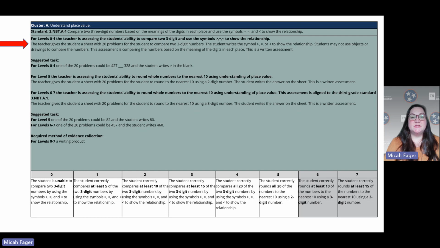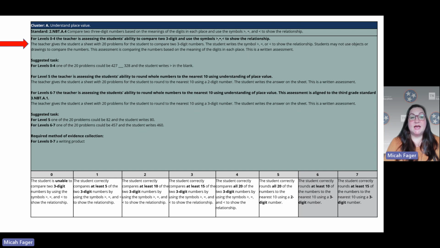The student writes the symbol greater than, equal to, or less than to show the relationship. Students may not use objects or drawings to compare these numbers. This assessment is comparing the numbers based on the meaning of the digits in each place. This is a written assessment.